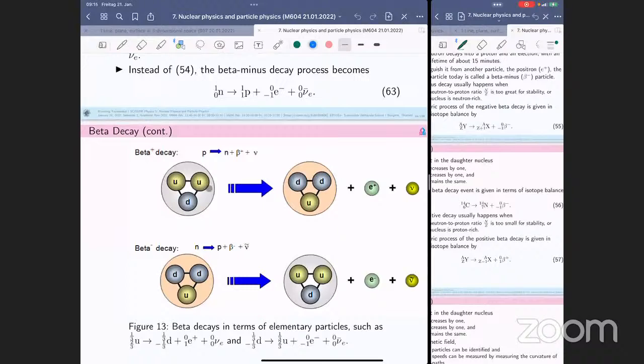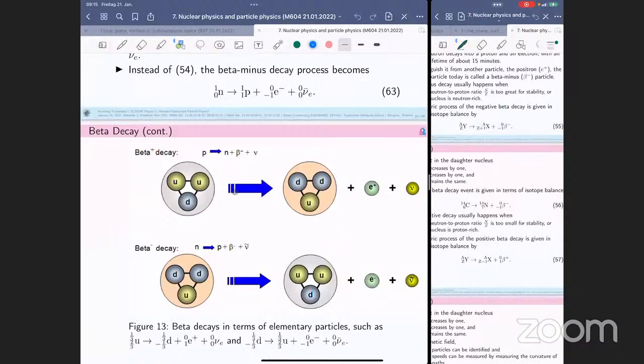Okay, 2 by 3 plus 2 by 3 minus 1 by 3, you get 1, which is the charge calculation for the proton. And here you have negative 1 by 3 and 2 by 3, so they cancel each other, so the neutron has no charge.